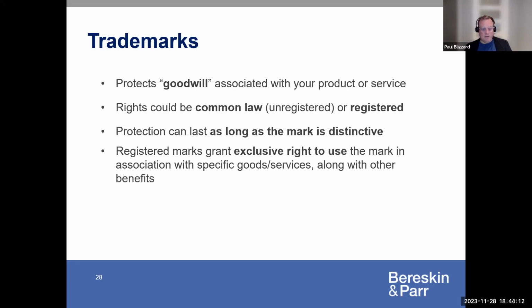One other important thing is that trademark rights can exist at common law. These are called unregistered marks. When you see a mark that has a TM next to it, that's an example of an unregistered trademark. Those rights can accrue just by use of the mark on the products or services they may be associated with. There's also a scheme for the registration of trademarks. That's the R symbol with the circle around it.